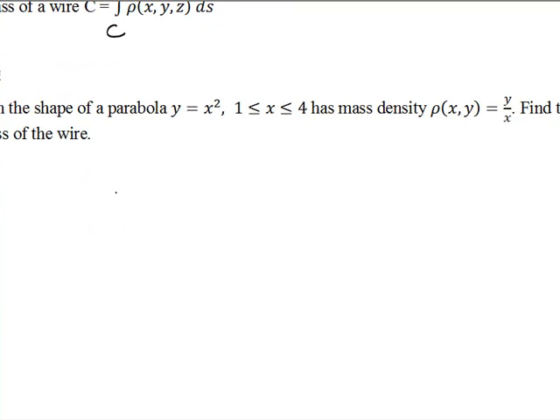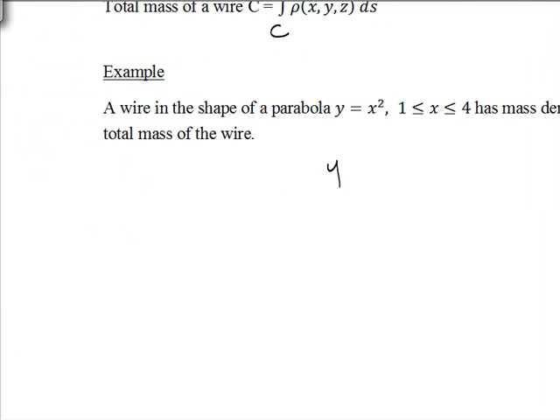Now, how do you parameterize a curve? You need to parameterize this. Okay? So it's quite simple. If you let x equals t, then y is t squared. That's all. Okay?